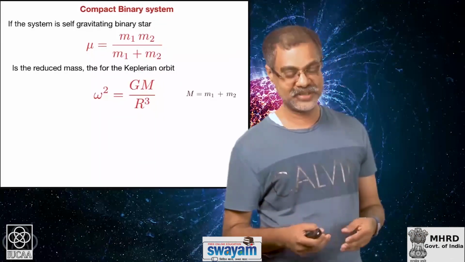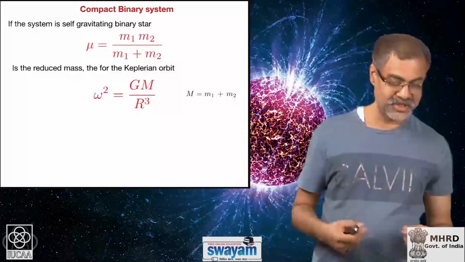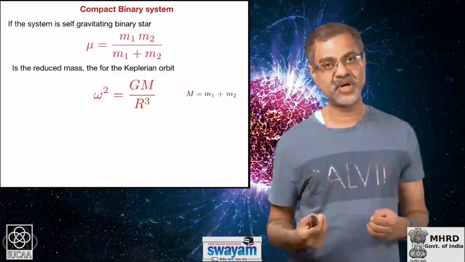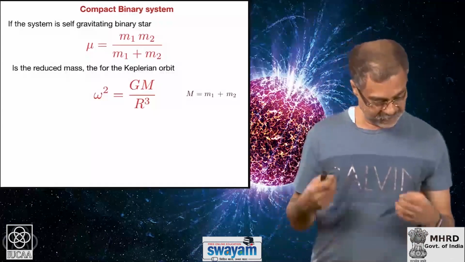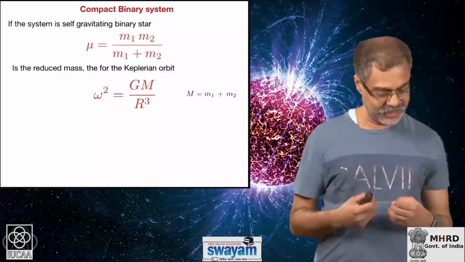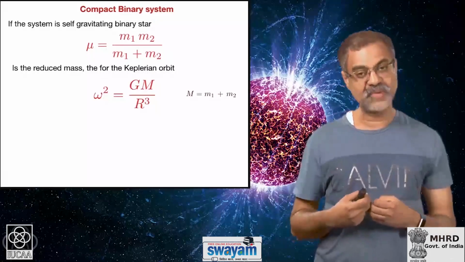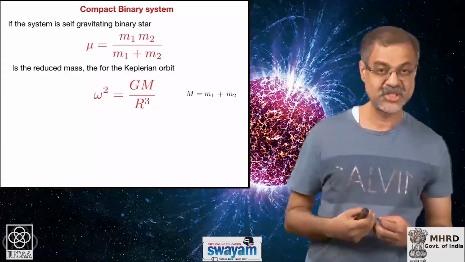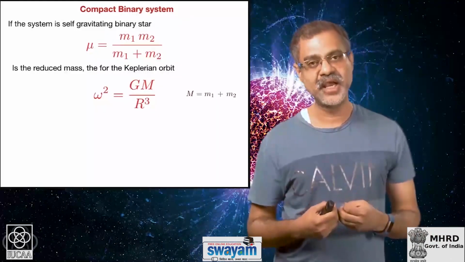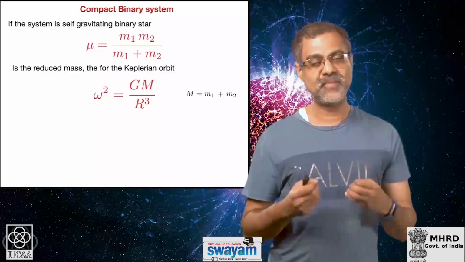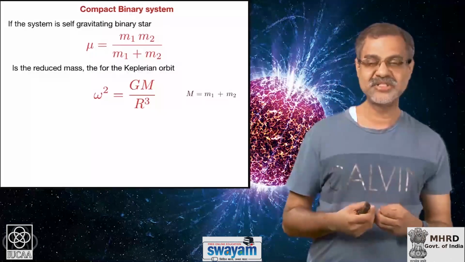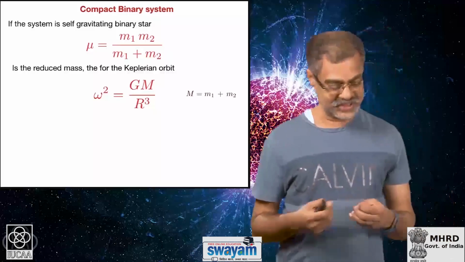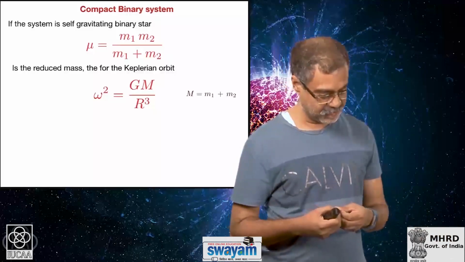Then you can show that the orbital frequency, the Keplerian orbit, is given in terms of the total mass of the system. That is the famous Kepler's law: omega square is proportional to the total mass of the system divided by r cube, where r is the separation between them.